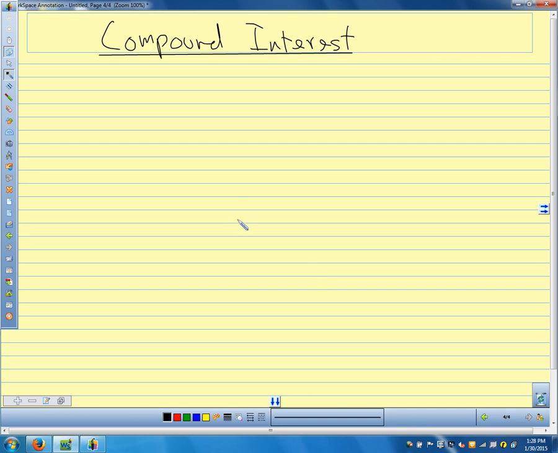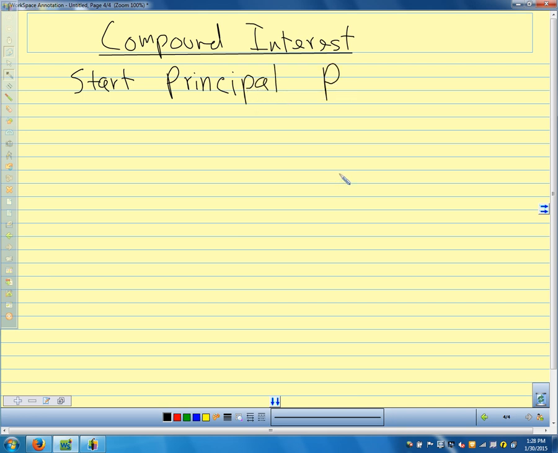So let's say we start with an amount that we call the principal P, and we have an interest rate R, annual interest rate. So we're earning interest once a year on this principal.